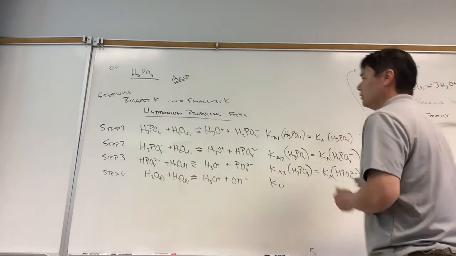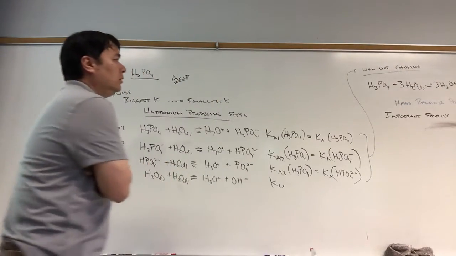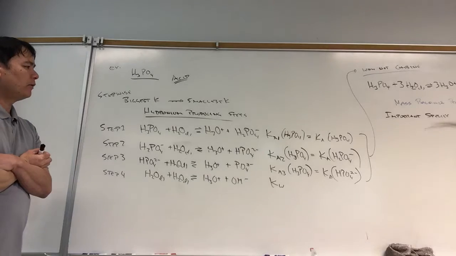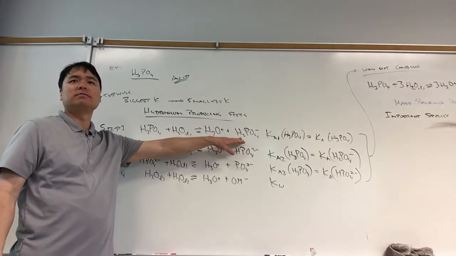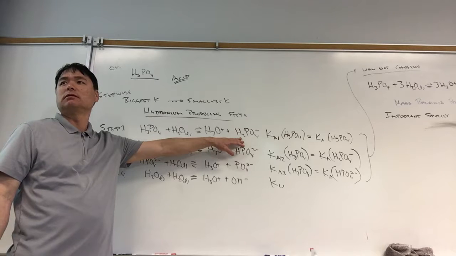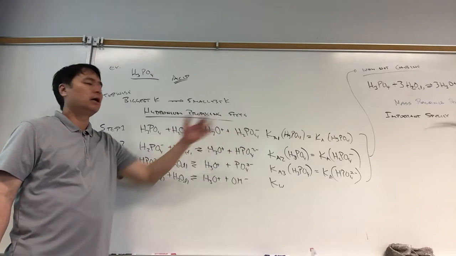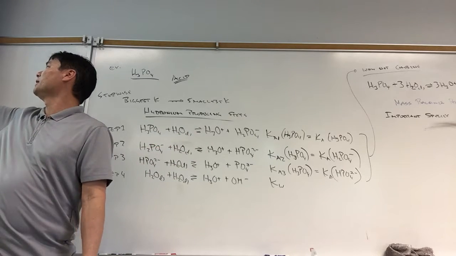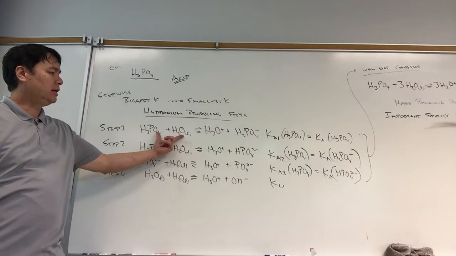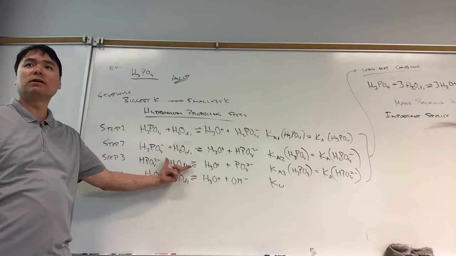They haven't disappeared. H2PO4 minus is missing from this. And if we think about it, the first step is the most significant because the K is the biggest here, and each successive step gets smaller and smaller.